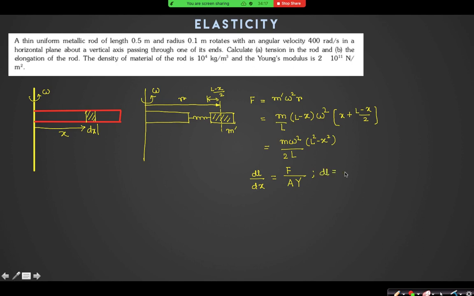Elongation of the small portion. Elongation of dx. So now I will integrate dl from x equal to 0 to L and I will find my answer. Just integrate and tell me what you have got.